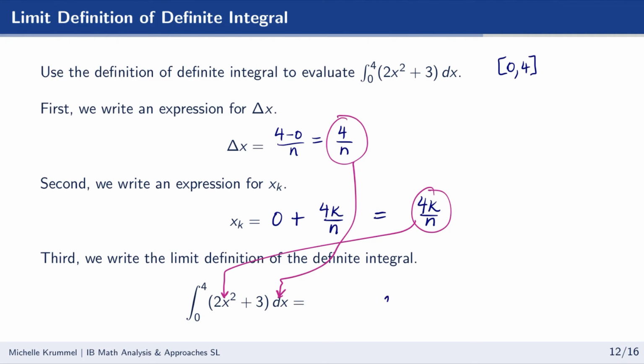So it's going to be 2 times (4k over n) squared plus 3. All of that needs to be in parentheses. That gets multiplied by dx, so 4 over n. And then we have the sum, k equals 1 to n, and the limit as n approaches infinity.